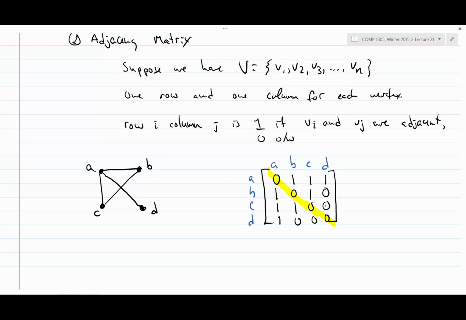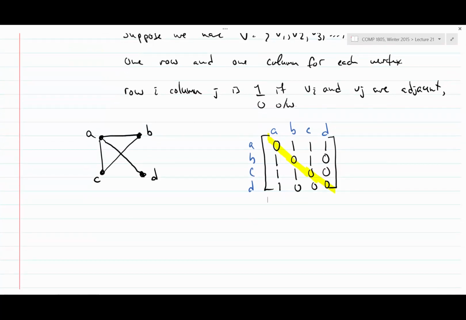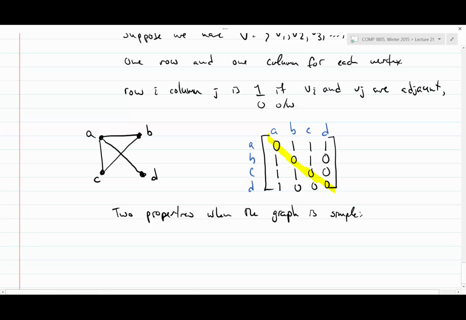So you can do this. So I'll first state those properties. So 2 properties when the graph is simple. So the first property is that it's symmetric.